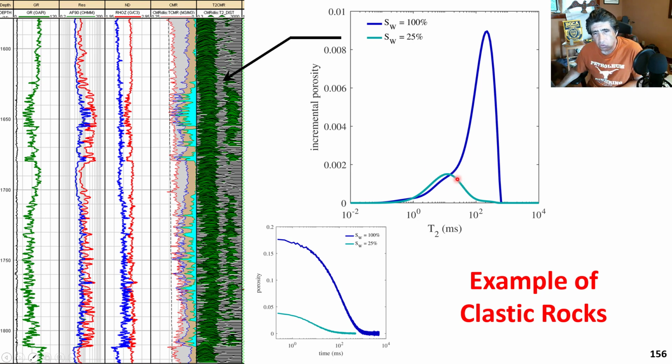And what this indicates is that the dark blue distribution, where we had a non-symmetric distribution, appears to actually be the superposition of two dominant peaks, one for the larger pore sizes and one for the smaller pore sizes. The smaller pore sizes are the ones holding the water, not able to expel the water because of the centrifuge.